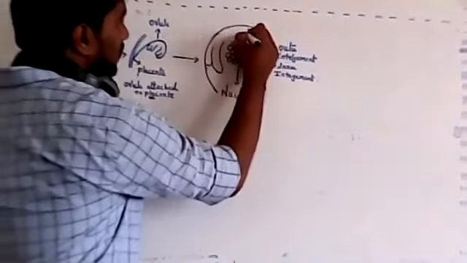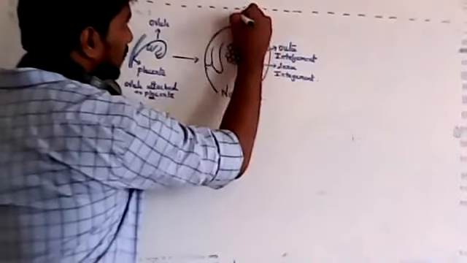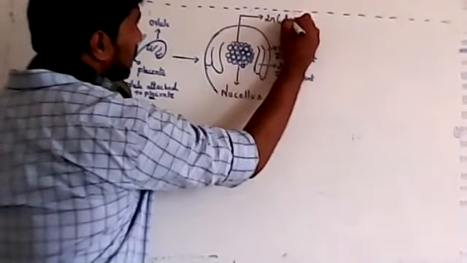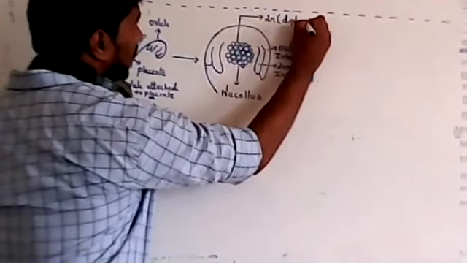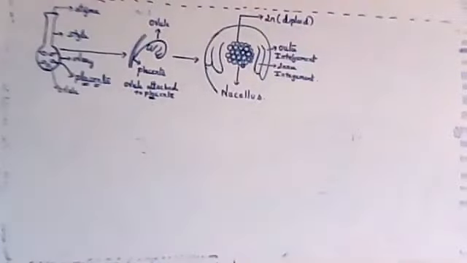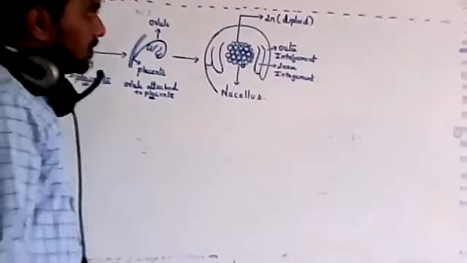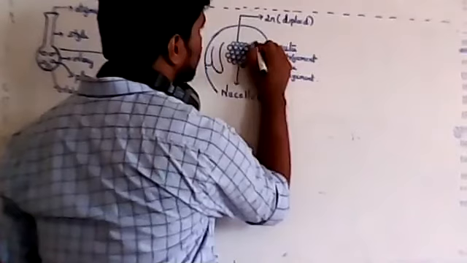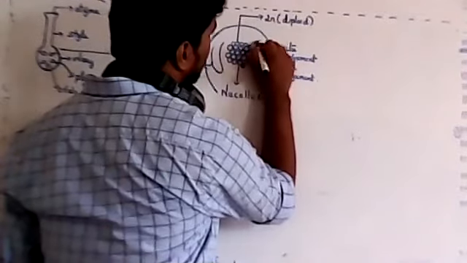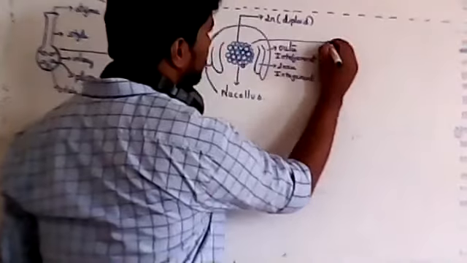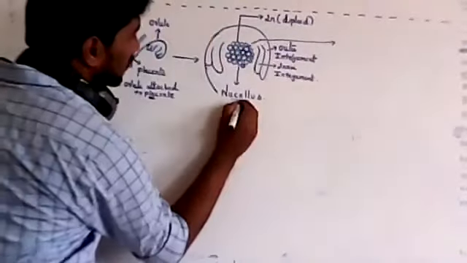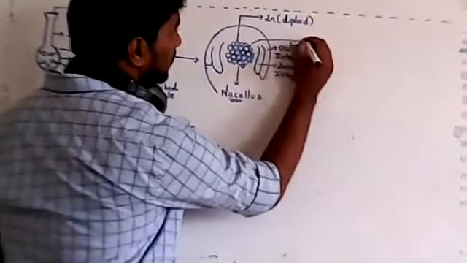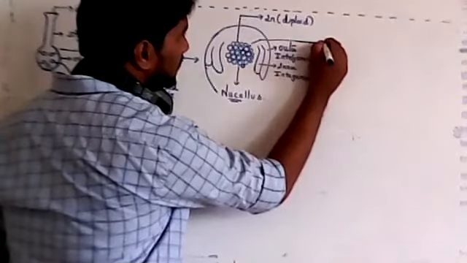All these cells are diploid in nature, so 2n. We can write that it is diploid in nature. All the cells will be diploid. Now let us take this group of cells outside. I'll draw this group of cells, the nucellus, outside and tell you what happens next.